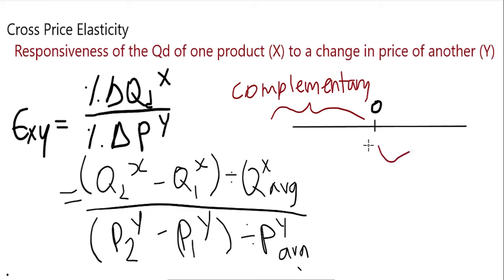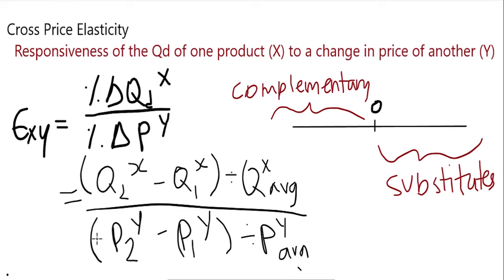Now let's take a look at this. When it's greater than 0, it's substitute goods. Now, why? Take a moment to think about it. And this is like by looking at our formula. You could see, okay, if the price is increasing in a positive manner of good Y, and good X is a substitute for it.